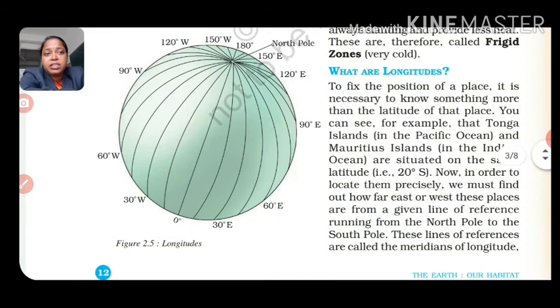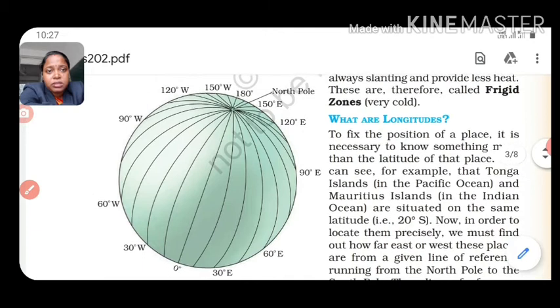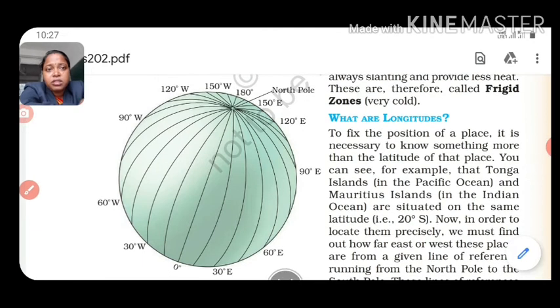These are the lines which we consider as the meridians. They are connected here at the South Pole, and this is the North Pole area where they get connected.